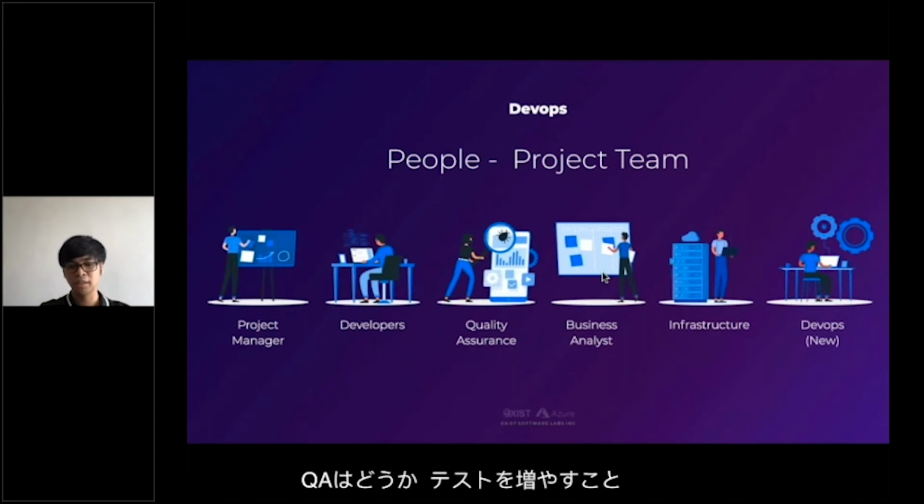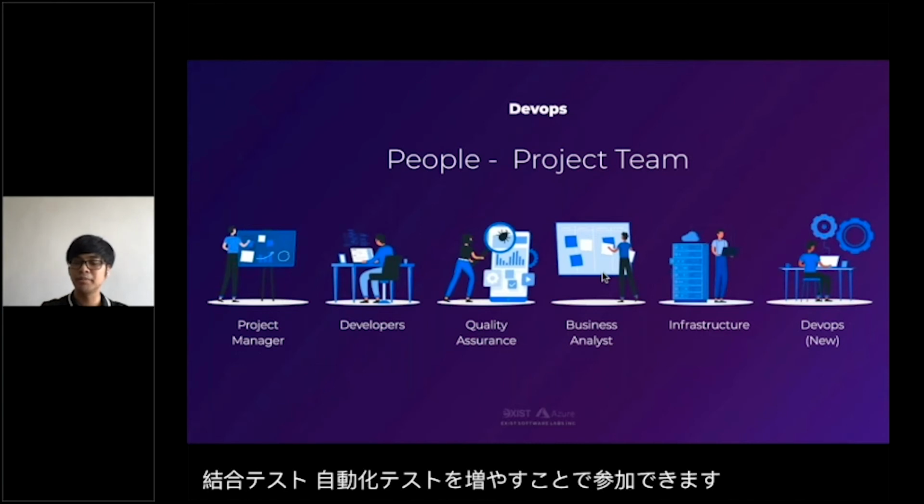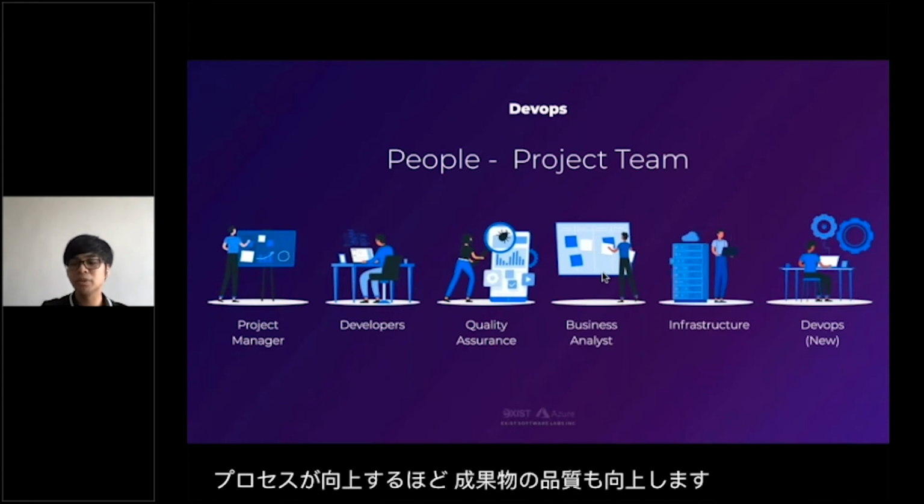So your QAs can actually participate here by making more tests, more integration tests, more automation tests. So the more that they improve their process, the more the quality that is being delivered improves.